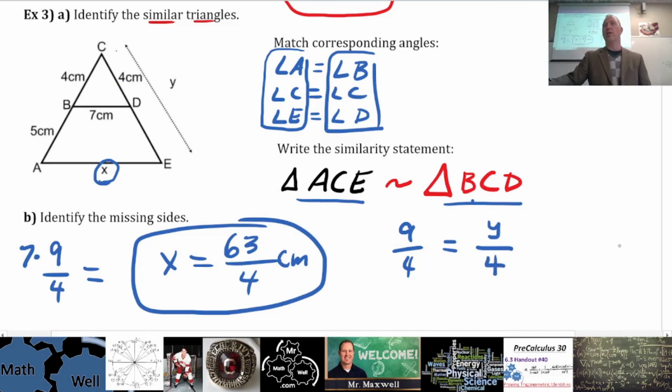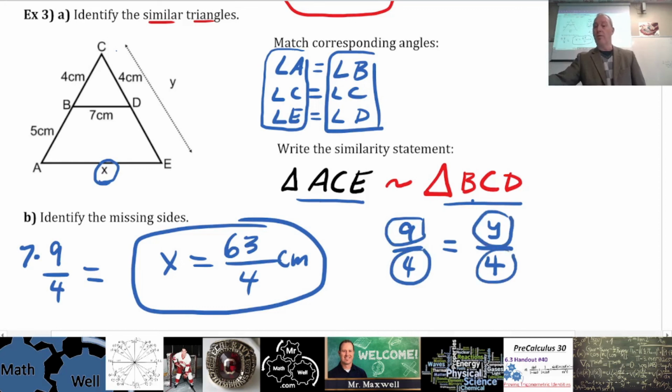Well, this is really easy. You actually don't have to do any math here. Well, you do have to do math, but you don't have to show work like we did before. Because if 9 over 4 equals some unknown number over 4, they're both over 4. So what does y have to be? 9. Yeah. Because they're equal ratios. They're equal fractions.